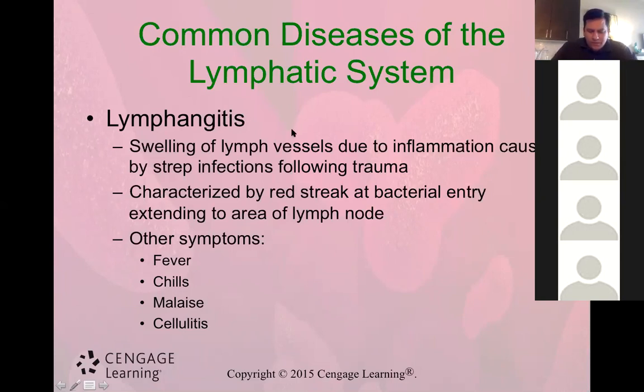For the treatment, lymphangitis is commonly treated with antibiotics. Warm, moist packs and elevation of the affected area are also helpful. For prevention, good hygiene and maintaining good general health are preventive activities for lymphangitis.